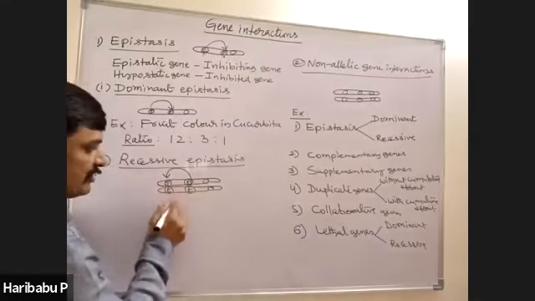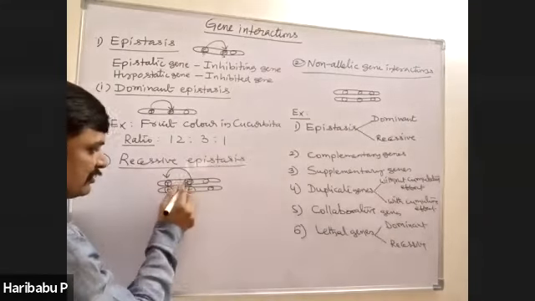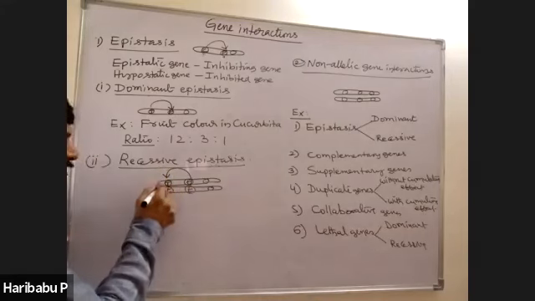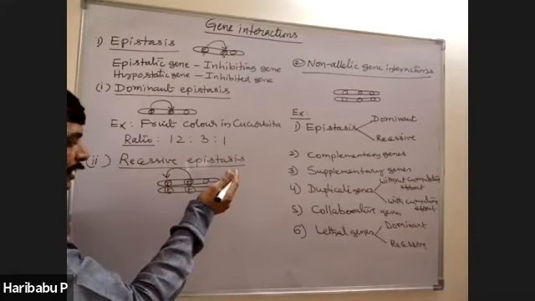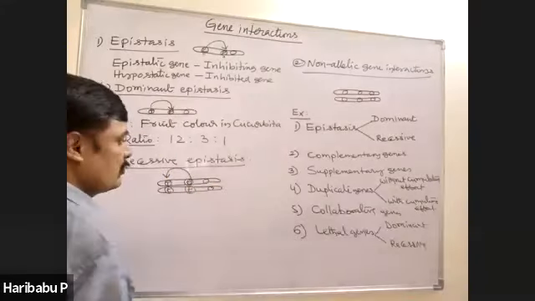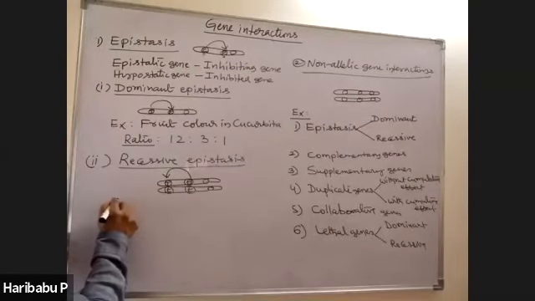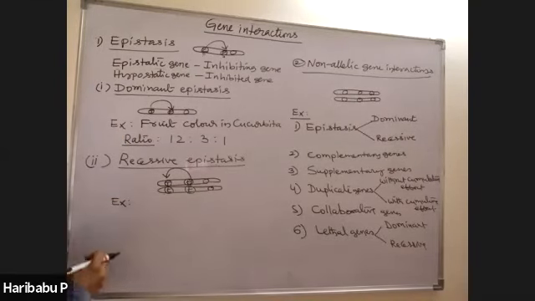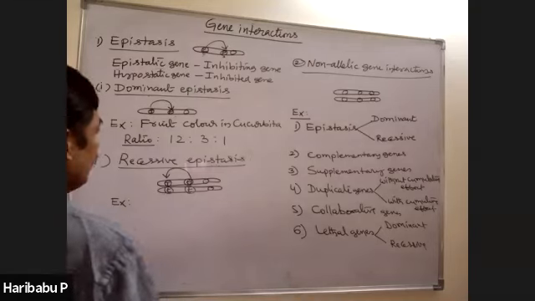When a pair of recessive alleles is present, these recessive alleles suppress the expression of dominant or recessive alleles present at the other locus.